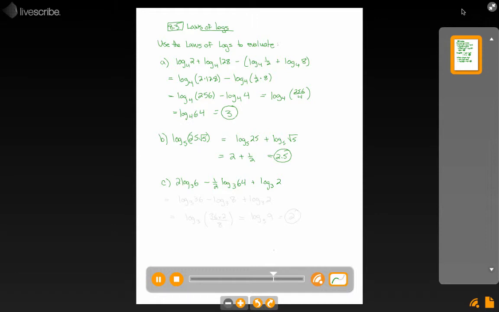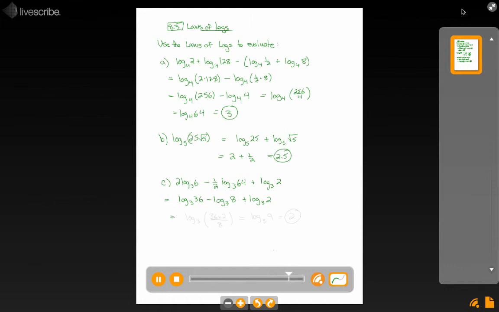You can do it using your change of base, or if you have a powerful calculator, figure out each of these decimal answers and just carefully subtract and add. But if I use my rules, this first one I can write as log base 3 of 36, because that's 6 to the power of 2. The next one, log base 3 of 8, because 64 to the 1/2 is the square root of 64, which is 8. And finally, the last one, nothing happened to it, just log base 3 of 2.